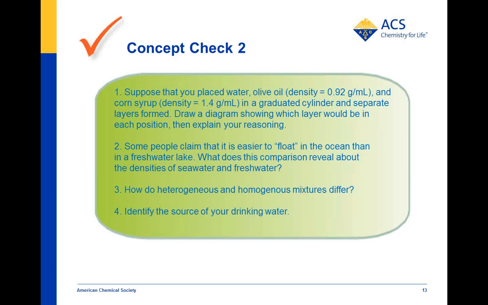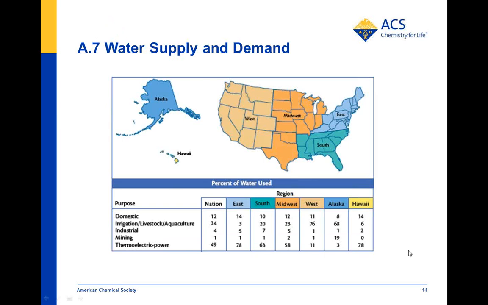They also need to look at how different densities would affect things, such as floating in an ocean. It gets them to go back over heterogeneous and homogeneous mixtures and to make sure that they understand what has happened before. And it also gets them to bring themselves into chemistry in everyday life by making them look at where they get their drinking water from.